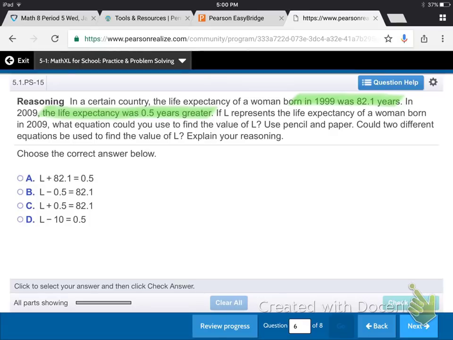Okay, so we're talking about 2009, and 1999 was 82.1. So if L represents the life expectancy of a woman born in 2009, what equation could you use to find the value of L?